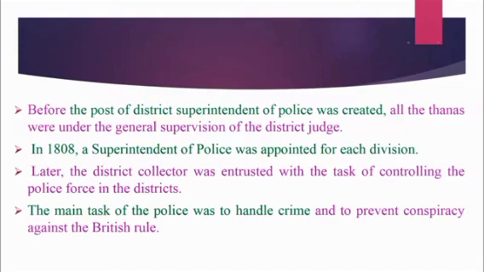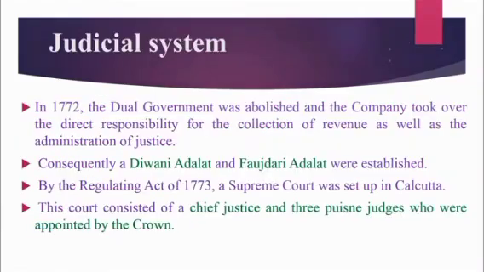So here, conspiracy means a secret plan against the British rule in India. Next, we are going to see the judicial system under British administration. So, what are the main features of the judicial system under British administration?